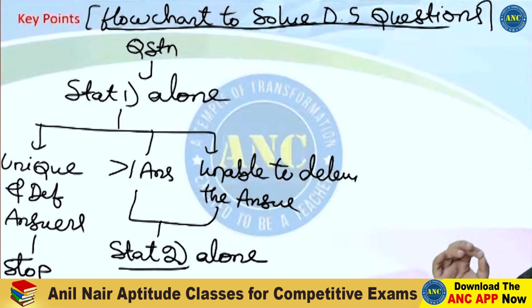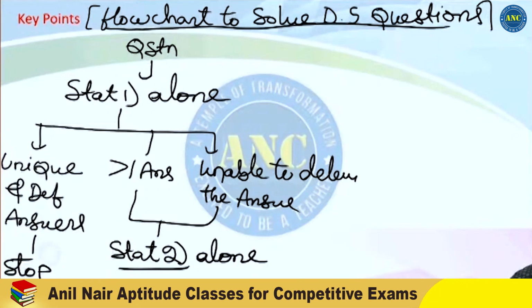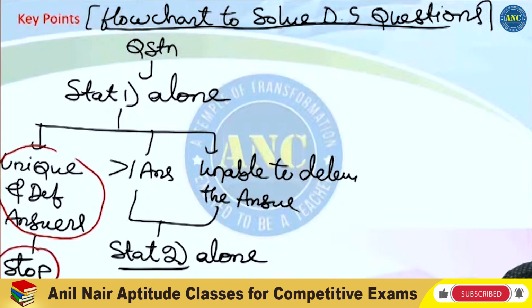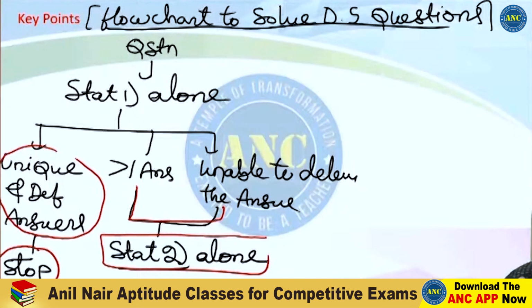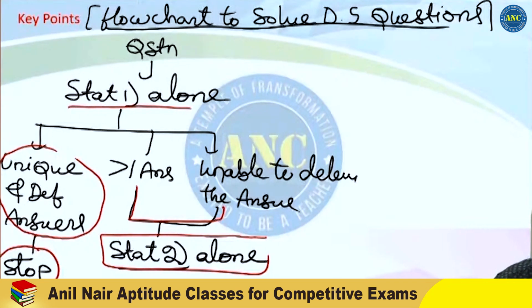First, you will try to solve the question using statement 1 alone. If you get a unique and definite answer, please stop it. If you are getting more than one answer, or if you are unable to find the answer, then go to statement 2 alone. Statement 2 alone is used only after statement 1 gives you more than one answer or no answer.